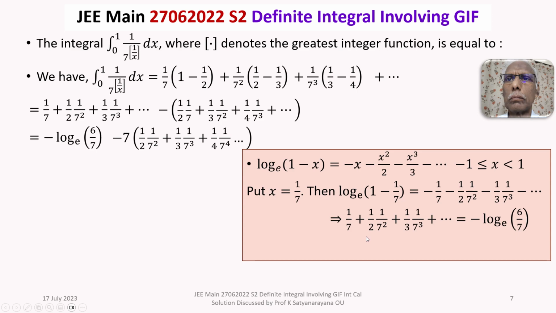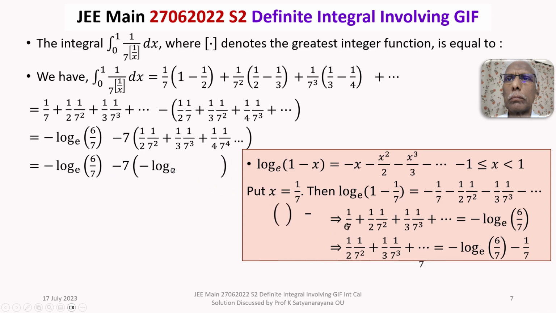So from this we write, the first term is as it is. For the second one, we come here and see 1 by 2 into 1 by 7 square plus 1 by 3 into 1 by 7 cube plus so on and so forth is minus log of 6 by 7 to the base e minus 1 by 7. So minus 7 into this one, you substitute for the bracket one. So minus 7 into minus of log of 6 by 7 minus 1 by 7.